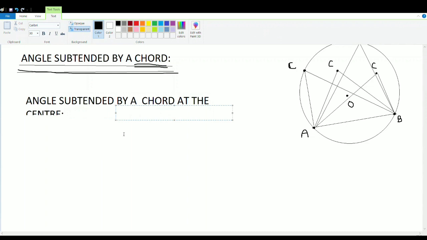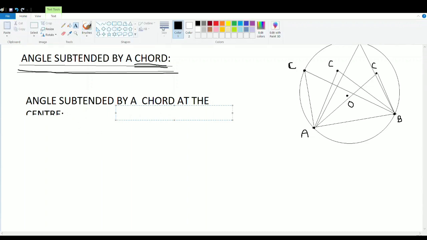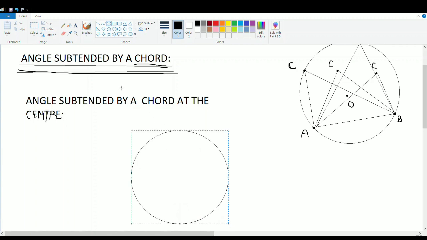So this is basically the thing. So let's do one thing, let's draw another diagram. Okay, let's draw a circle here, and if we consider this point as a center, randomly if we take a chord, this is also a chord because these are 2 points connecting a chord.